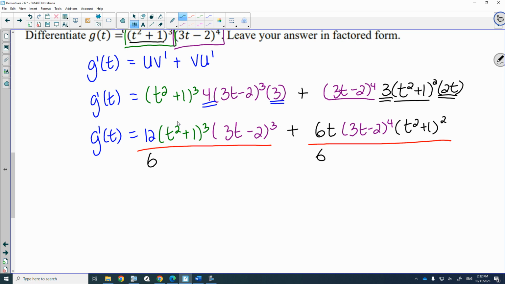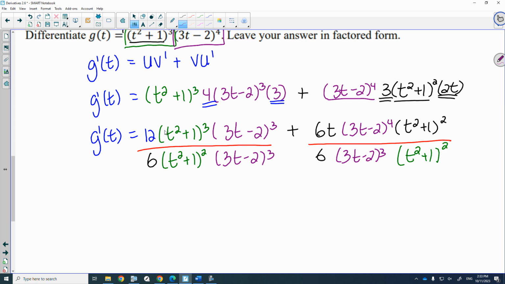What can I factor out from there? Yes, you can always factor out the lowest power. So I could factor out t squared plus 1 to the 2. Then I've got 3t minus 2 to the 3, 3t minus 2 to the 4. Emily, which one can I factor out? Yes, 3t minus 2 to the 3.